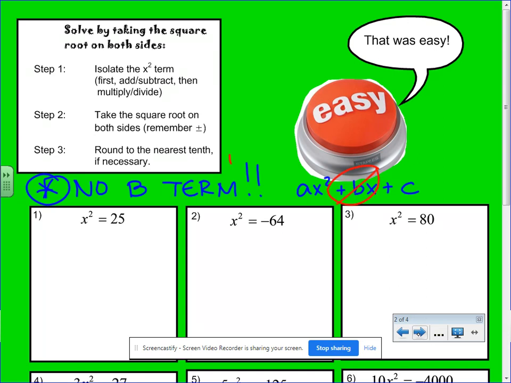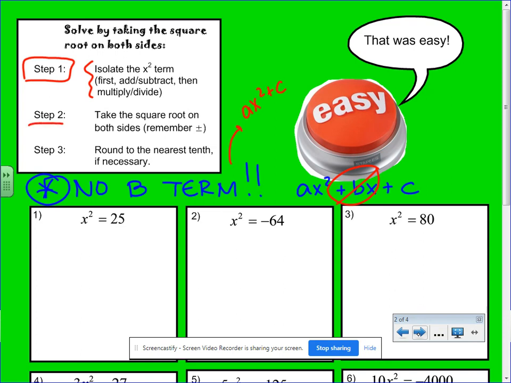So you can only have ax squared plus or minus c. And then a bunch of other things around it, whether it's parentheses or blah, blah, blah. But you can't have an x term because you have to be able to isolate just one variable. So the first step in any of these, you isolate the x squared term. So that's where you do all of your equation solving. You get rid of addition by subtracting, you get rid of multiplication by dividing, and so on. Okay, so isolate the x squared term.